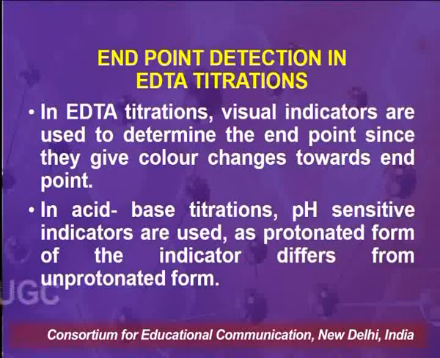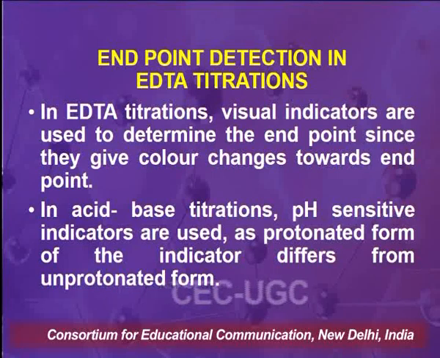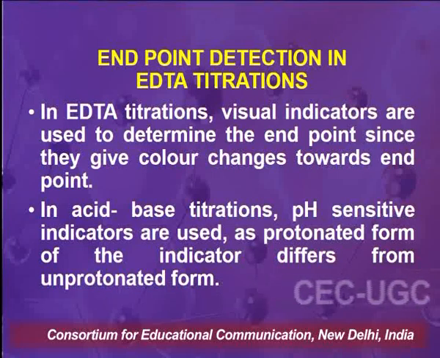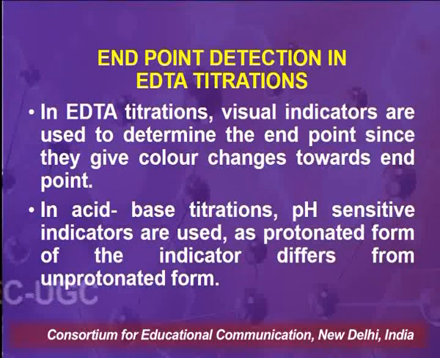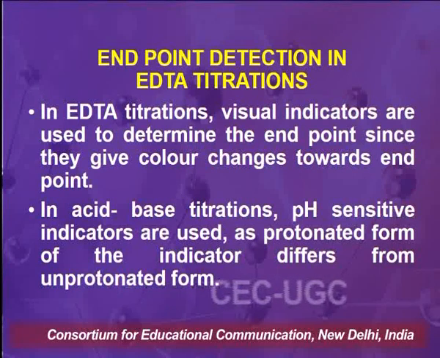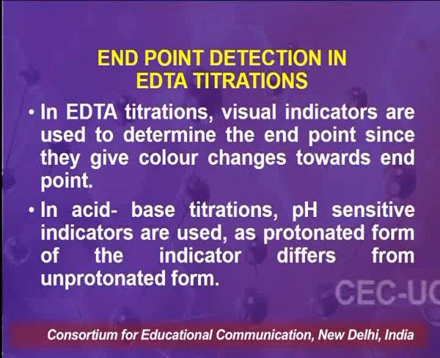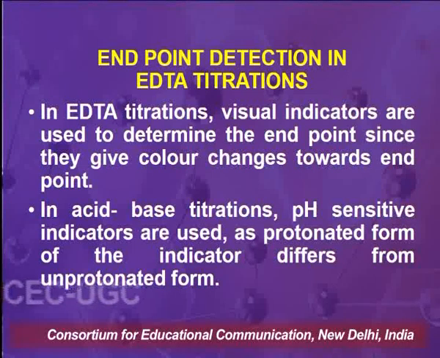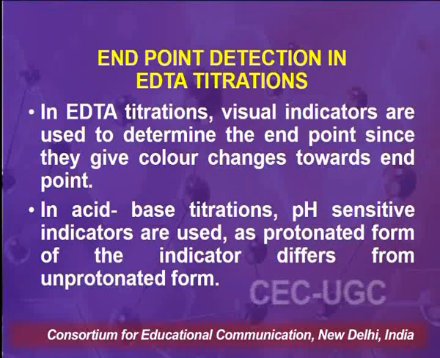Now, the endpoint in EDTA titrations can be detected by various visual indicators. So, visual indicators are used to determine the endpoint since they give a color change towards the endpoint. In acid-base titrations, pH sensitive indicators are used as the protonated form of the indicator differs from the unprotonated form.